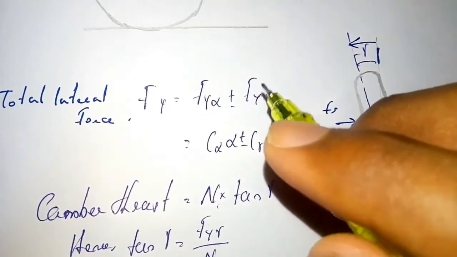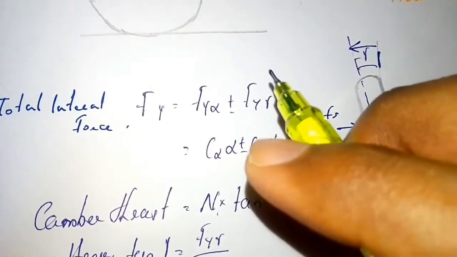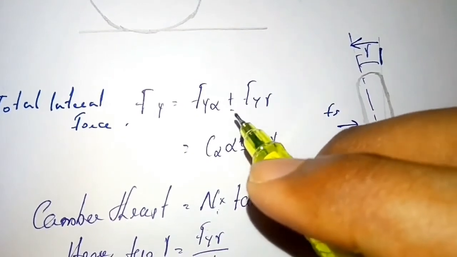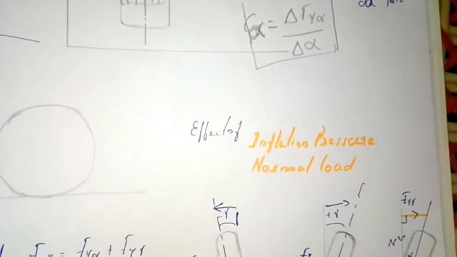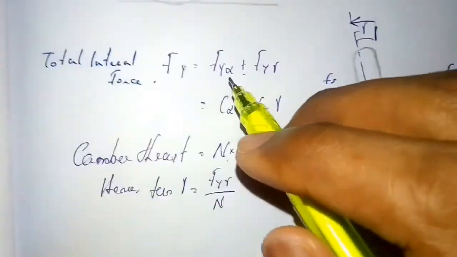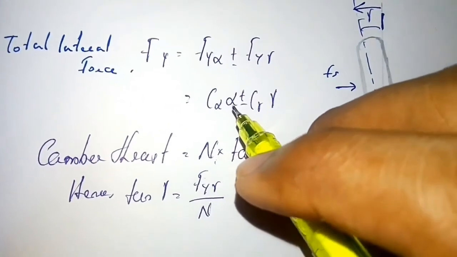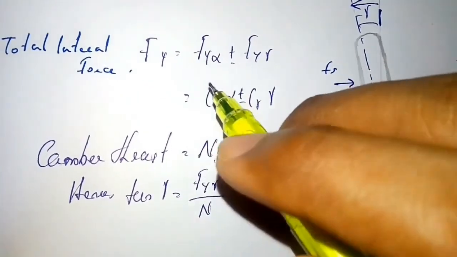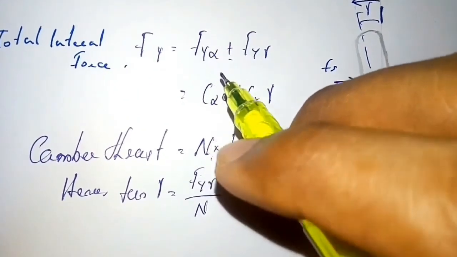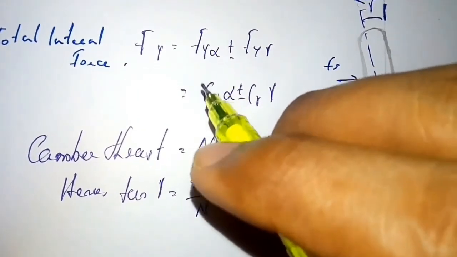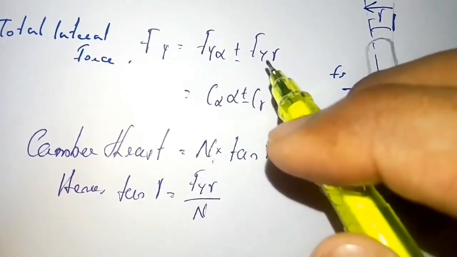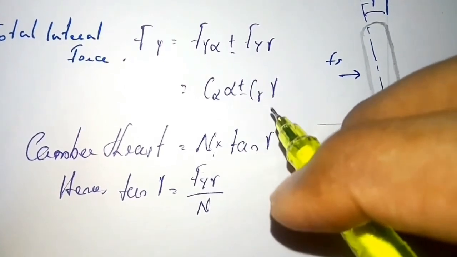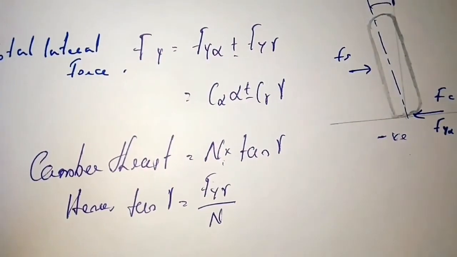But similarly for positive camber, the camber thrust will be opposite to that of the cornering force, so we will use the negative sign. We can also replace the cornering force by the product of cornering stiffness and slip angle, as you can see here, and we can also replace the camber thrust by the product of camber stiffness and camber angle.